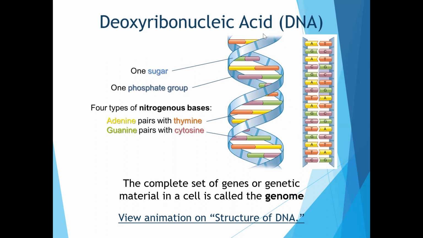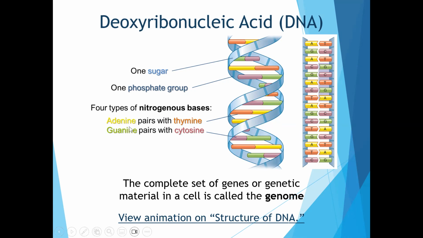So you have the backbone of DNA, or not the rungs, but the legs of your ladder. That's going to be an alternating sugar and phosphate group. So those make up the backbone. And then you have the nitrogen bases or nucleotides that make up your rungs of the ladder. So these nucleotides or bases pair with one another.